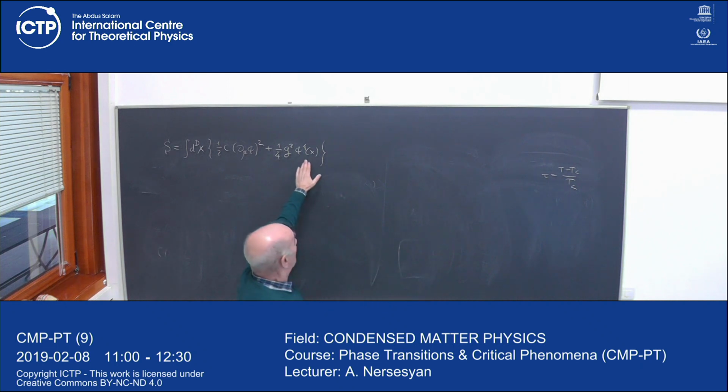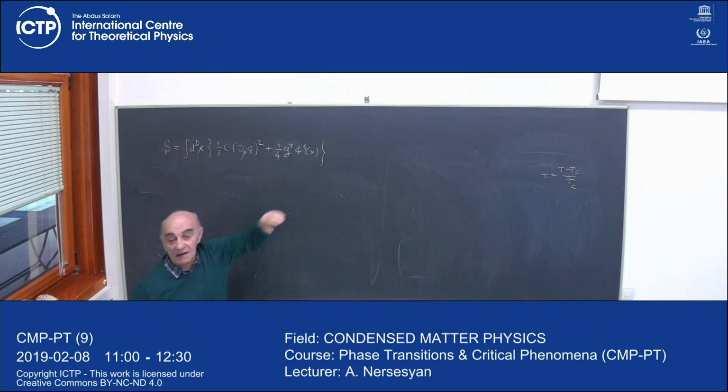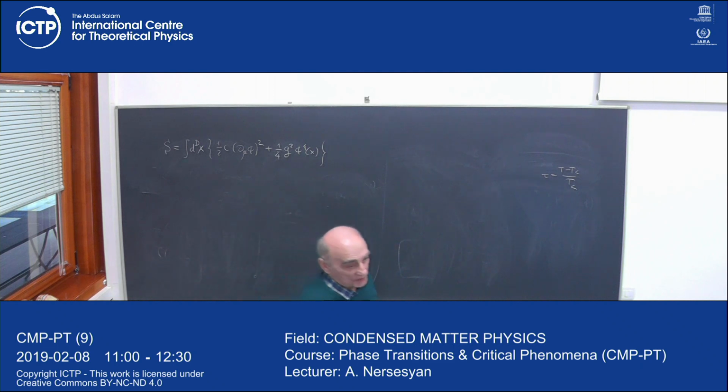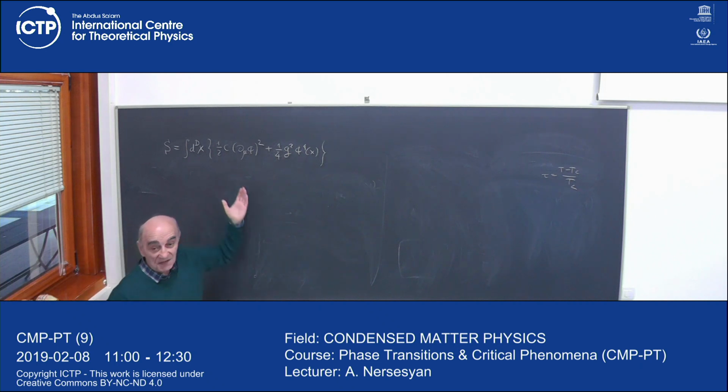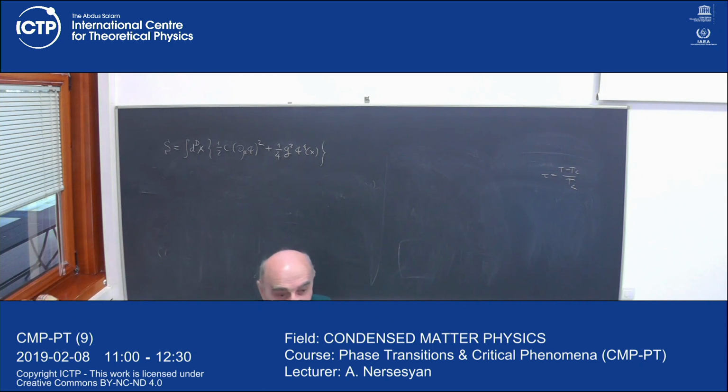So it is obviously a non-Gaussian model. Because in the Gaussian model here, phi would be squared. It's phi to the 4th. This model is not Gaussian. The question is, can such a model be scale invariant?